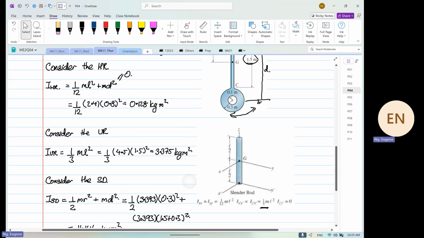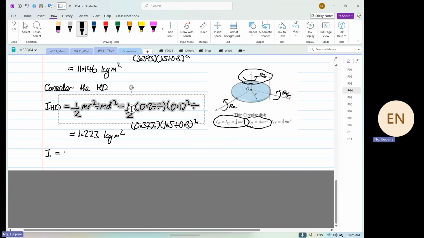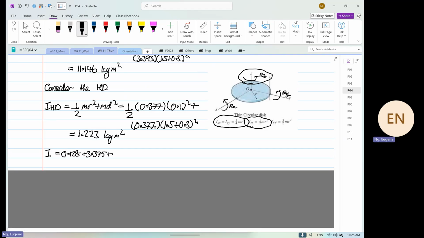So 0.128 plus 3.375 plus 11.146 minus 1.223 is equal to 13.426.